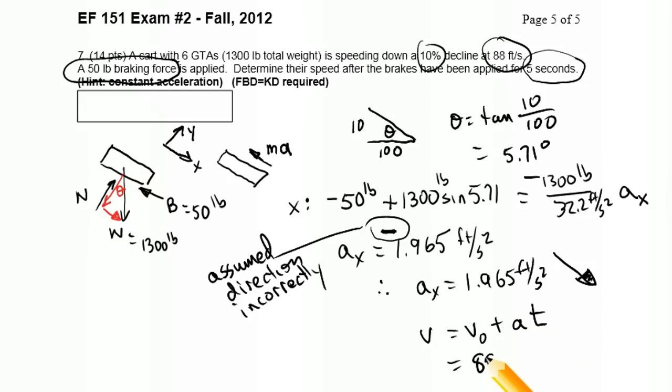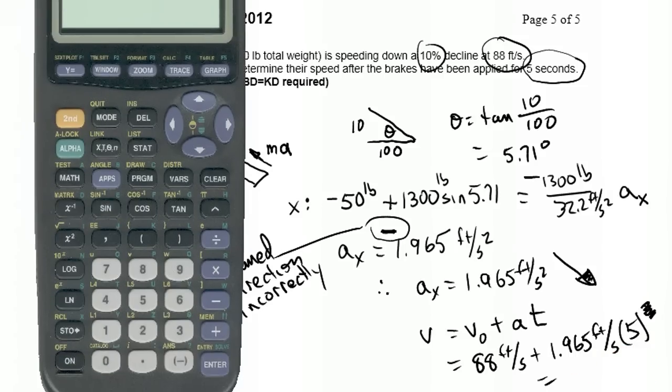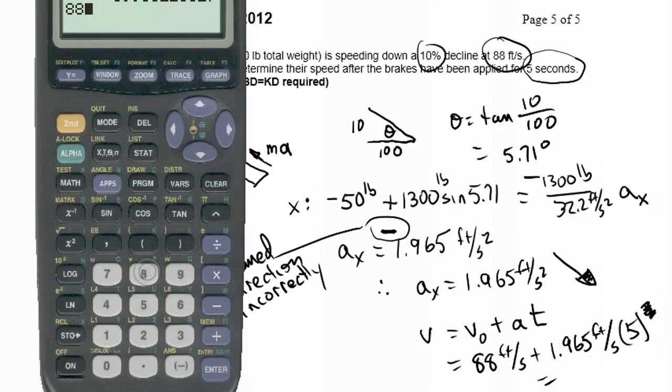So that's 88 feet per second, plus a positive 1.965 times 5 seconds. So I've actually sped up about 10 feet per second. And that number is 88 plus 1.965 times 5, 97.8.